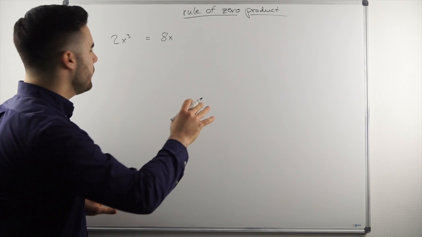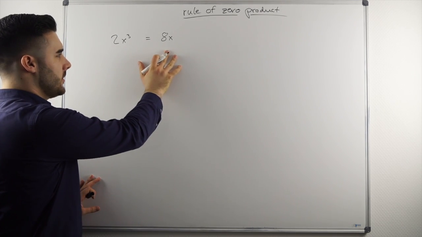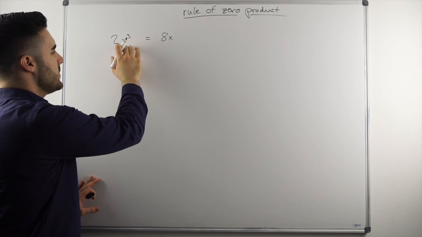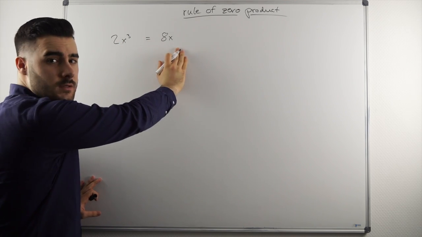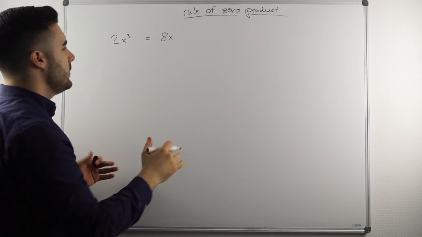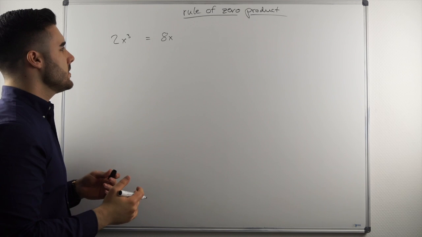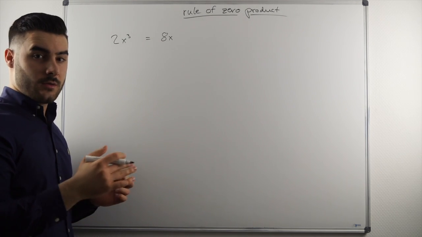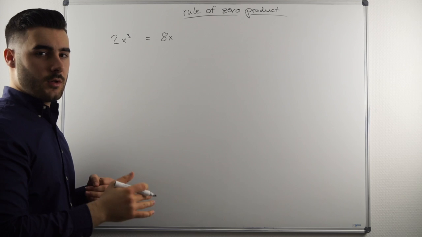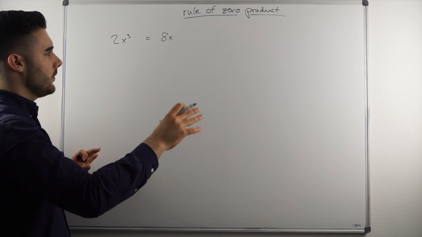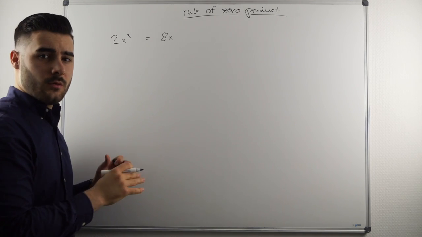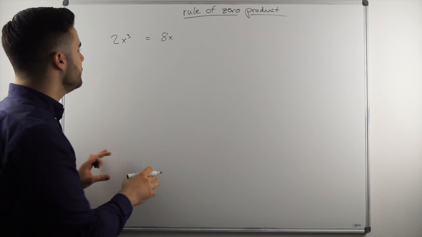So let's take now, for example, the following equation, which is 2 times x to the power 3 equal to 8x. And the very first step, as you might remember from the other tutorials on how to solve equations, is that you will look for the numbers that don't have any variable attached to them.